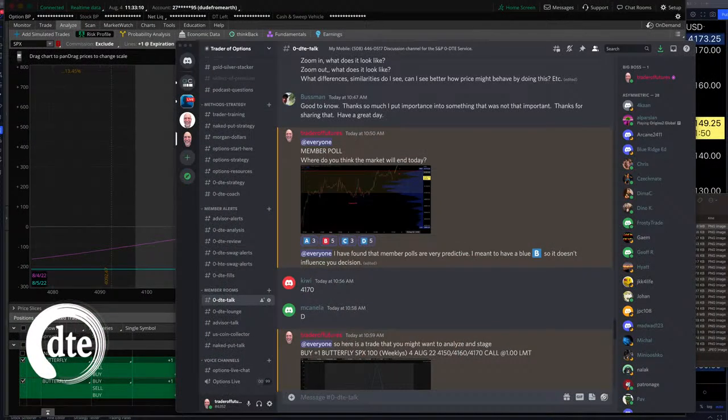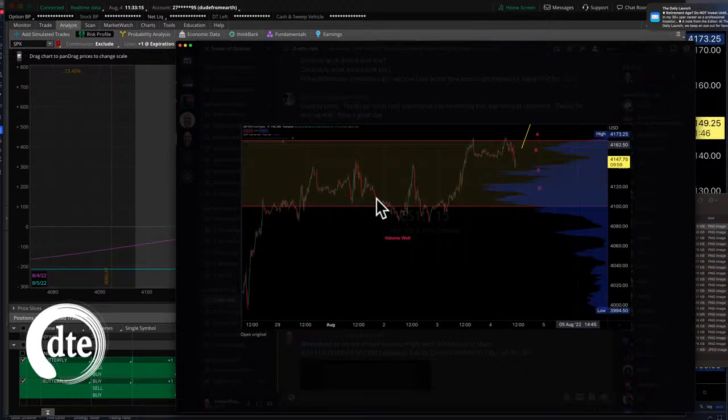All right. So first of all, let's go to the charts. Here's the poll right here. Here's the chart. What I wanted to know is where you think price will end up by the end of the day. Will it be above the value node, where A is?